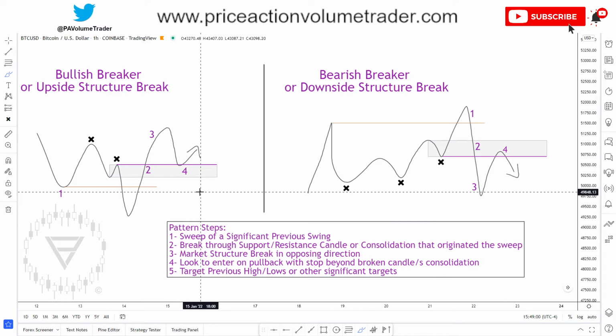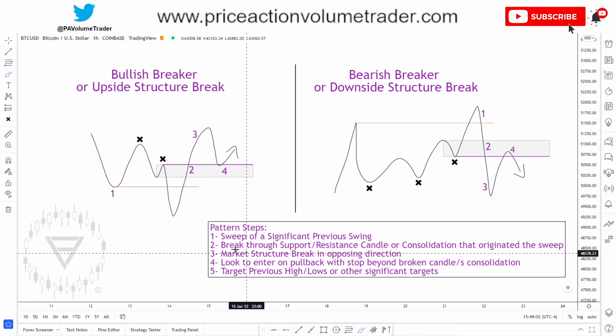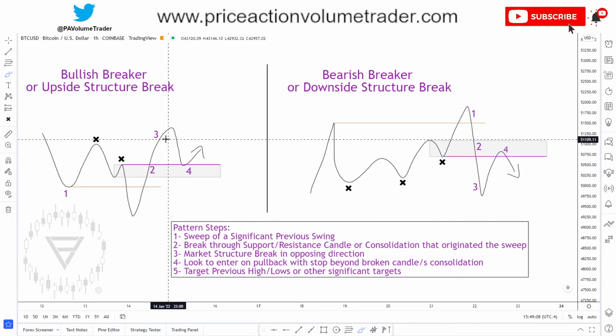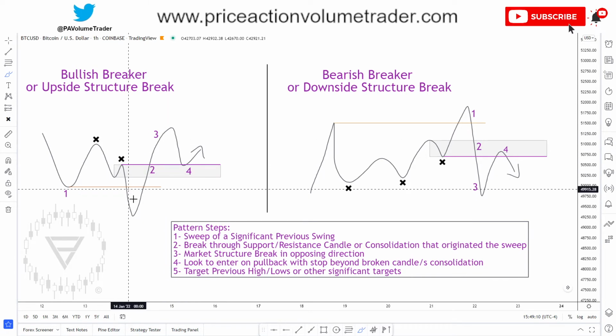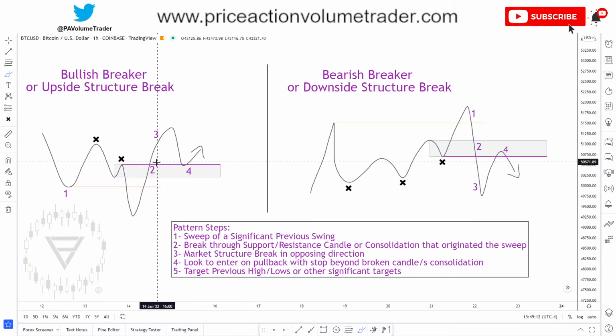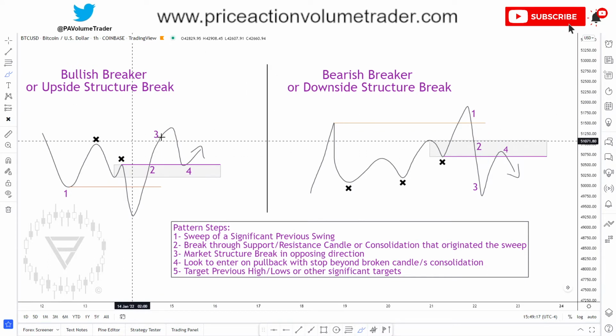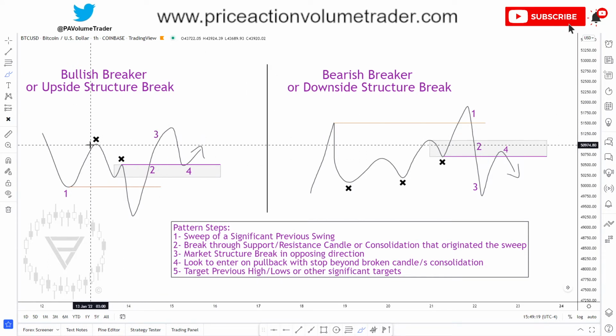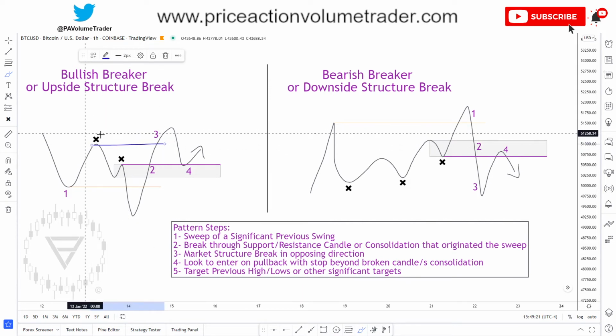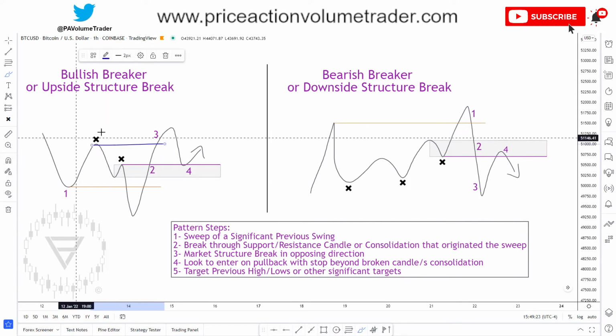Now, the third step is we want to see a market structure break in the opposite direction. So in this case, if this is a bullish break to the upside in trend, we want to see price break through the last significant swing high that we had.